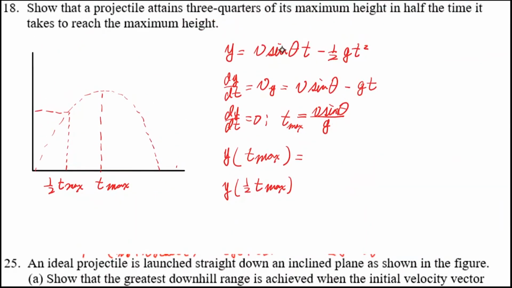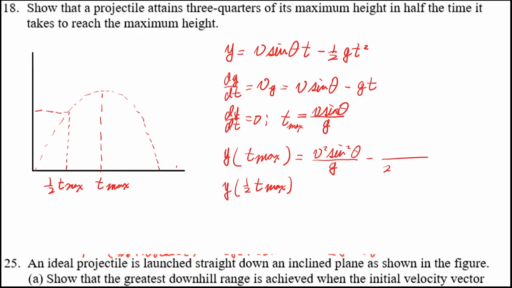So putting that thingy here, we'll have v squared sine squared theta over g, minus 1/2 of this thing squared.